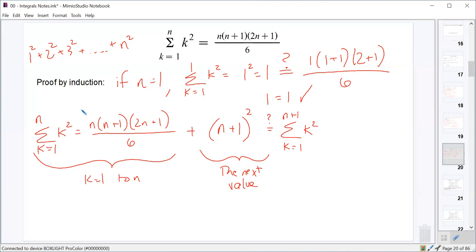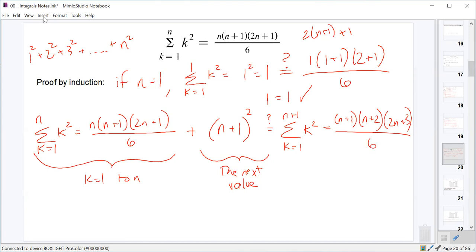So that formula would then look like, well, instead of an n, I'll now have an n plus 1. And instead of an n plus 1, I'll have an n plus 1 plus 1, or an n plus 2. And instead of a 2n plus 1, I'll have 2 times n plus 1 plus 1, which will be 2n plus 3. We're going to put that all over 6. And so now the question becomes, are both sides of that equivalent to each other?